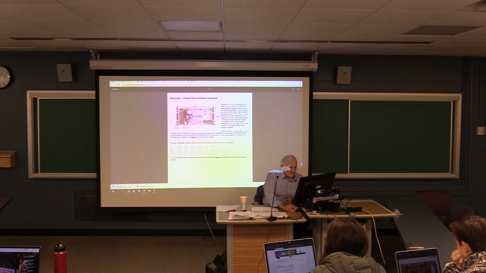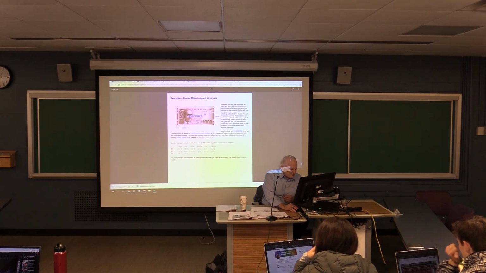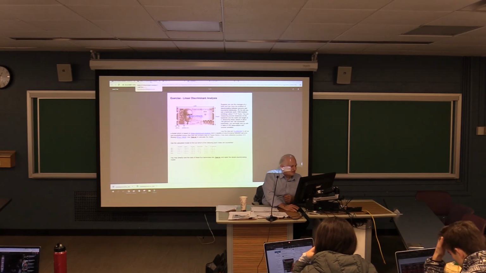You're a manager of a bank and you have a problem discriminating between genuine and counterfeit banknotes. Very nice exercise. So each banknote is described by certain distances, okay? So here's a description. The two classes are yes or no, if the thing is counterfeit or not.